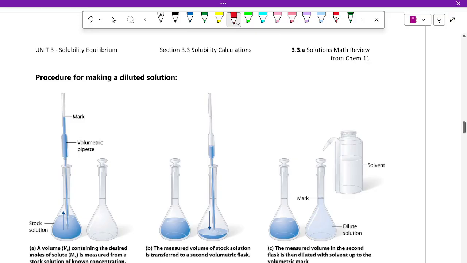Here's how you actually make a diluted solution. So this is your stock here. You'll measure out a certain amount. You'll have to have calculated that. You will transfer it into a new container. And the rest of the stock just goes back on the shelf.